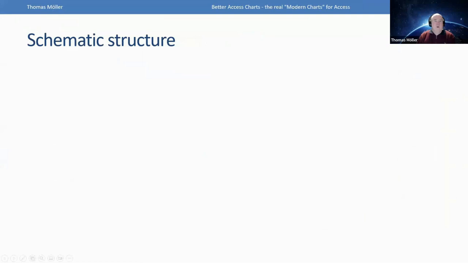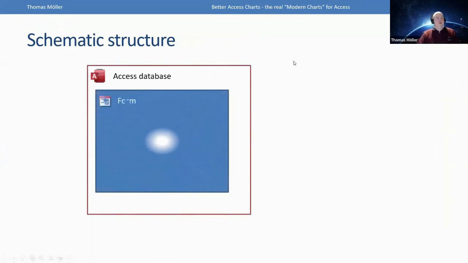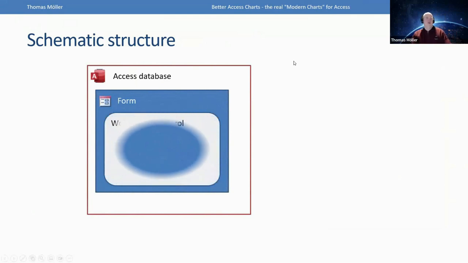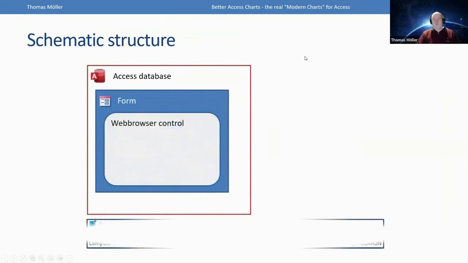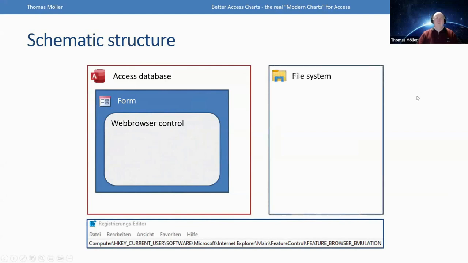So how is this working from a schematic structure point of view? We have an Access database. We have a form in it. On the form, there's a web browser control. We have the registry add with one value for the feature browser emulation. And we have our local file system.